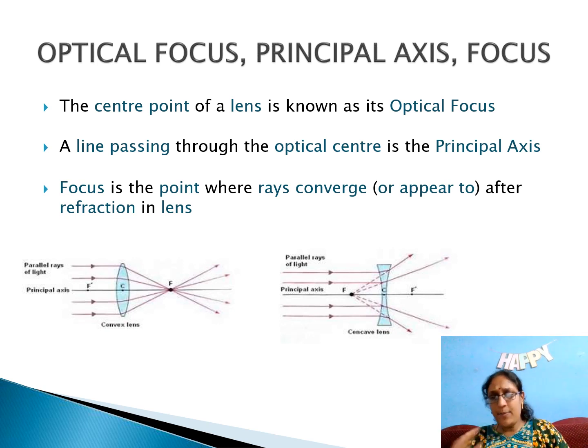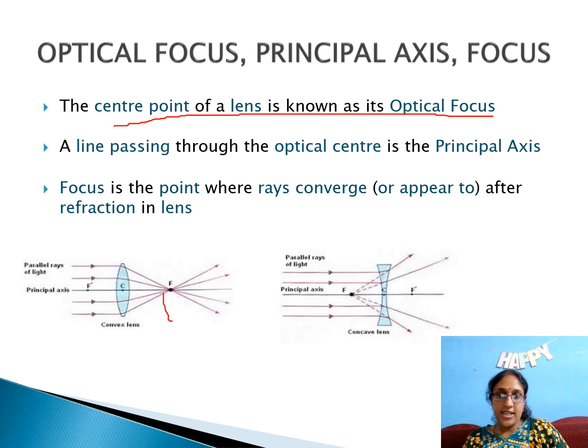The same mechanism, the same properties, the same parameters, everything. Here comes the optical center. In a mirror you just call it the focus. Here, in convex and in concave, the central point of a lens is known as its optical center.